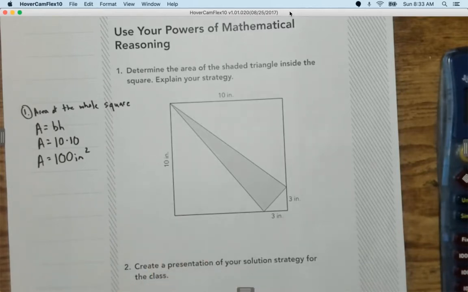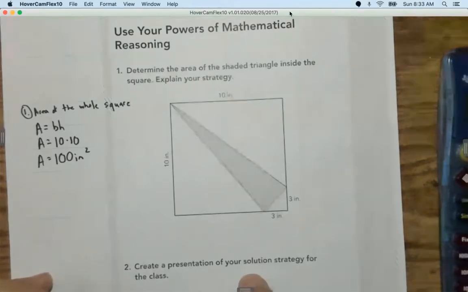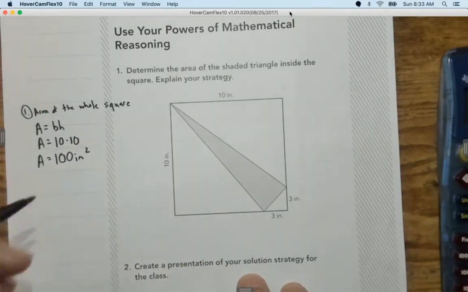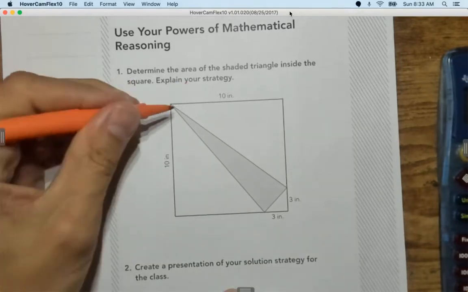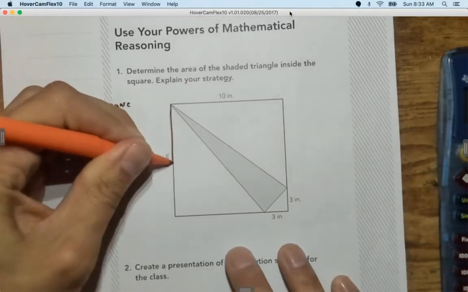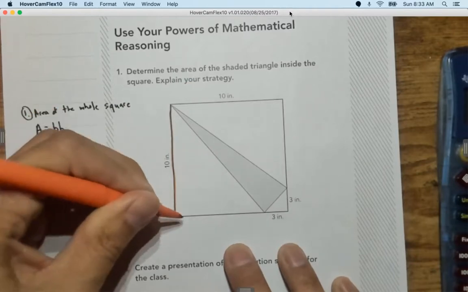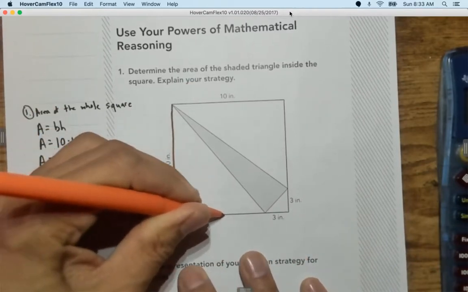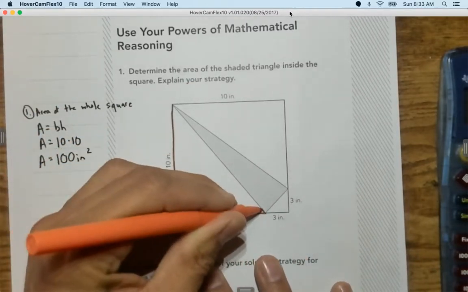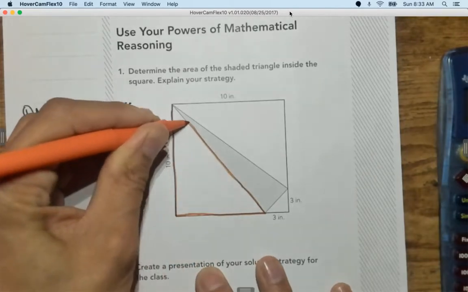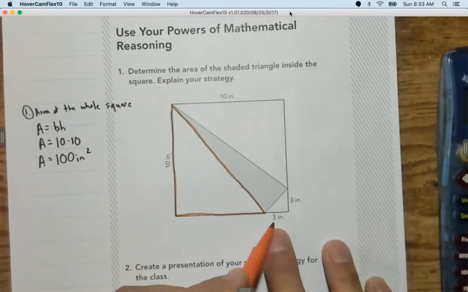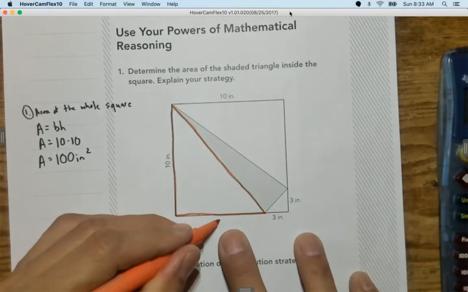Okay. Next, I need to start taking away these triangles. And so to do that, I need to remember that this is a square. So this triangle has 10 as one of the sides, and then on the other side, it's going to be not 10. This is where it's tricky. This is 3. That means this has to be 7.